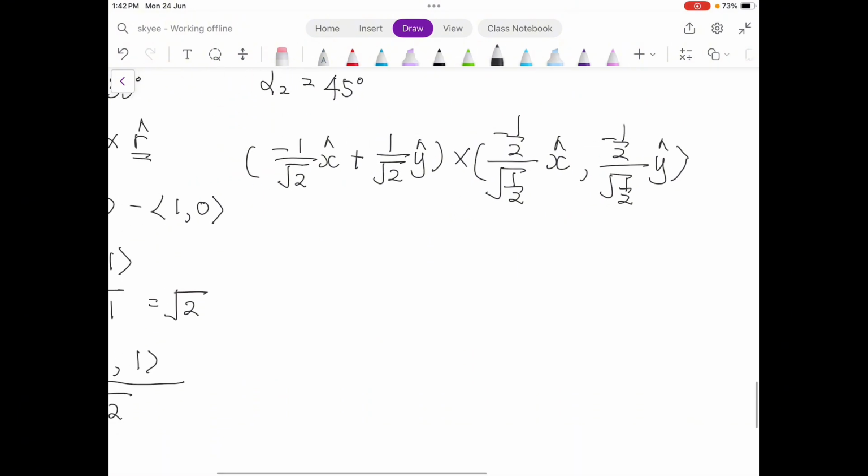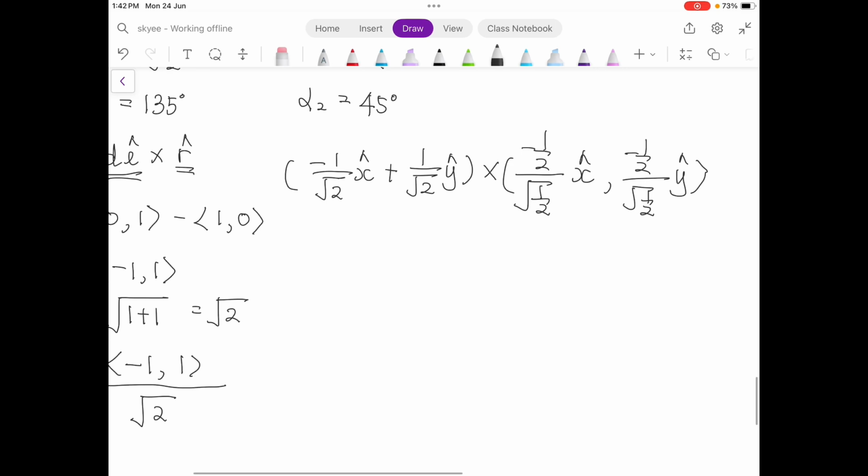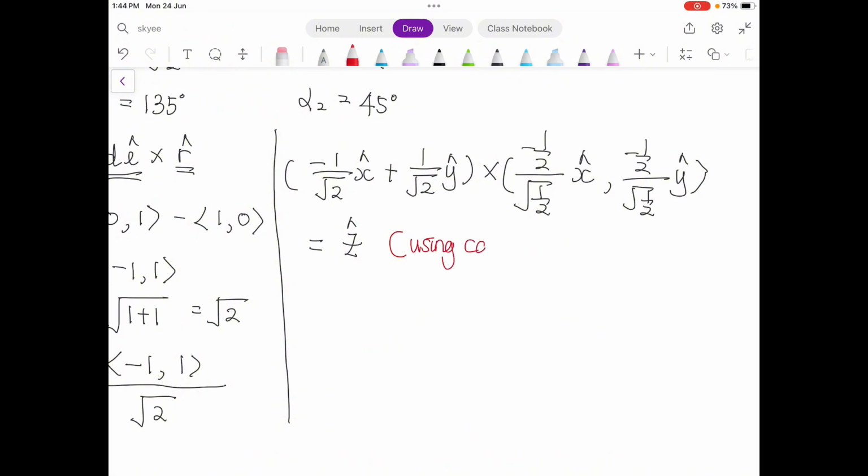So for the cross product, you can use your calculator, or you can use the manual technique. If I use the calculator for vector dl cross r, the answer is approximately Z. This one I calculated by using the calculator.